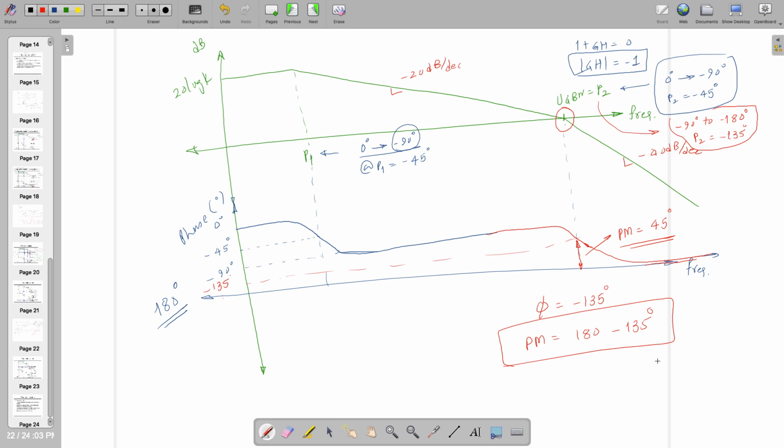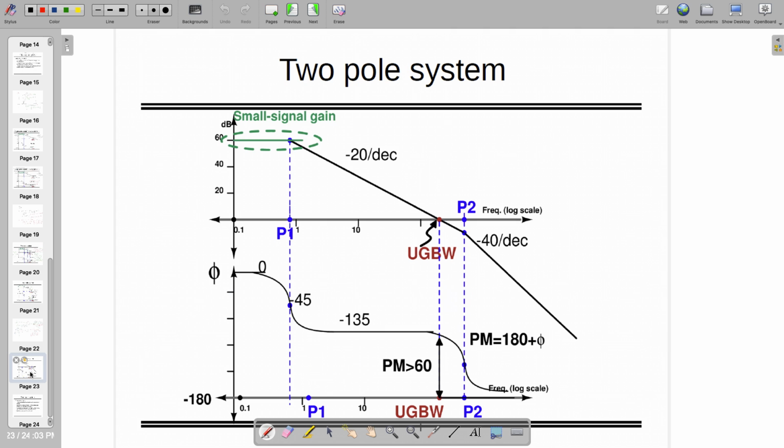Now if you want a better system than this one, you can take this pole away from the UGBW. If you go a little bit higher than UGBW, you will have a much better value in terms of stability, because we agree that phase margin should be equal to or more than 45 degree.